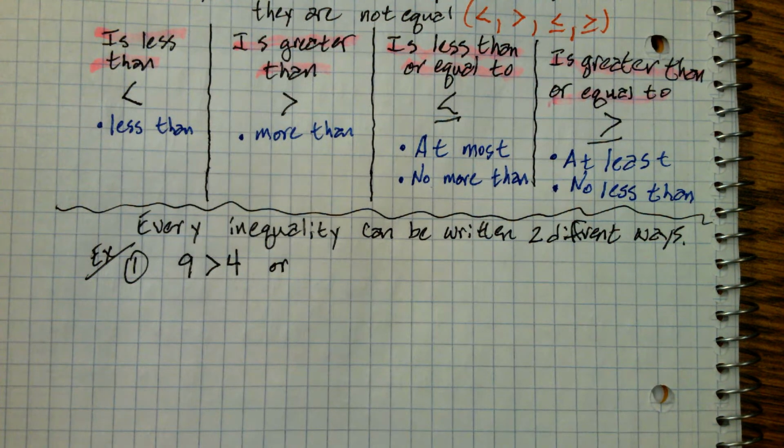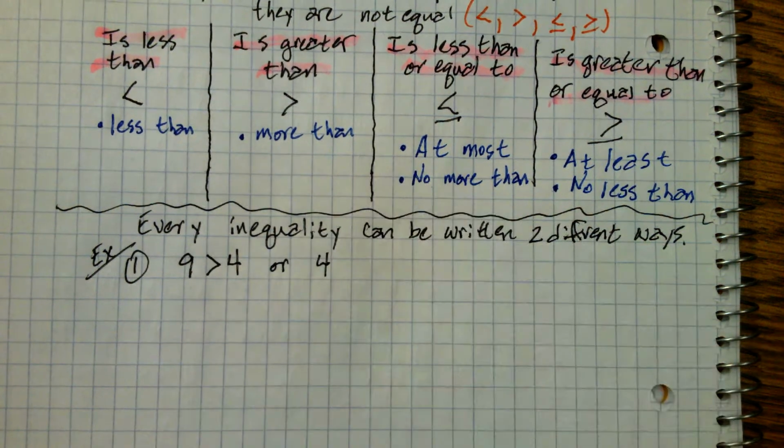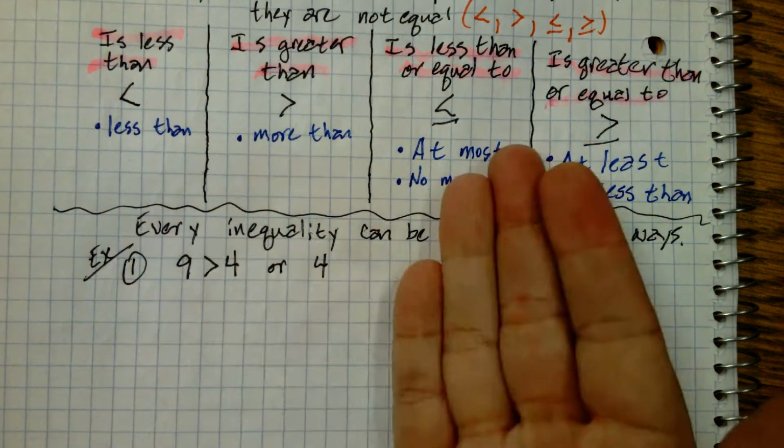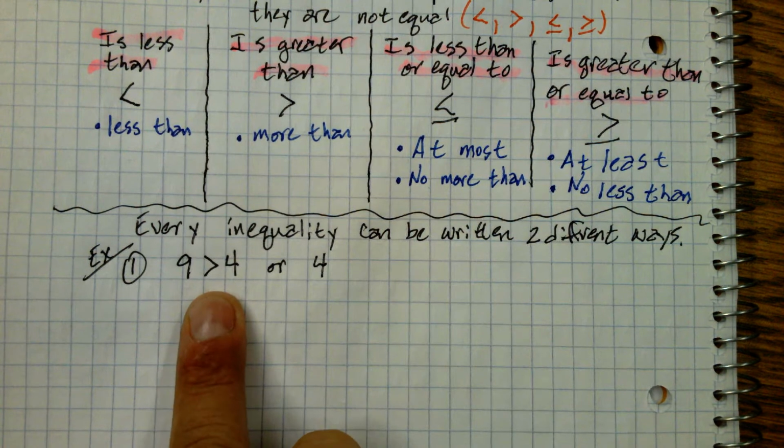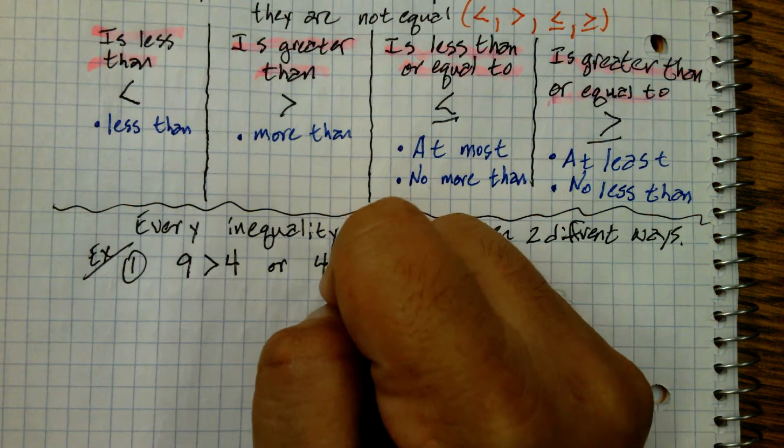Or take this inequality and flip it. Turn it around so that 4 starts the math sentence. So 4, but now I flipped it, right? So what happened to my inequality symbol? It's no longer greater than, it's less than 9.